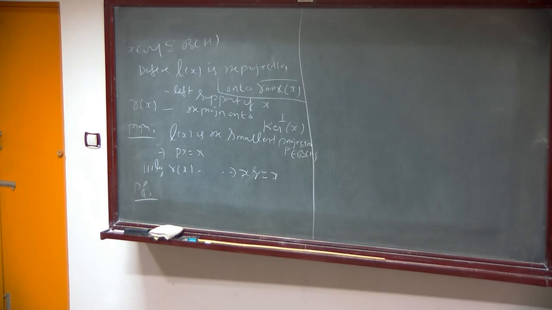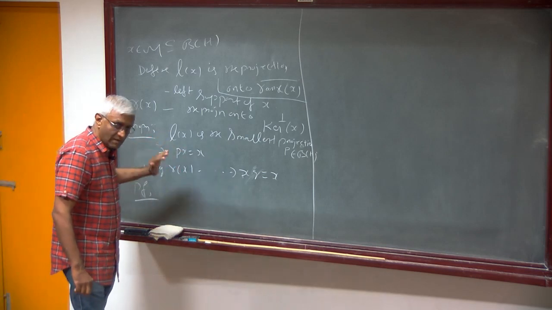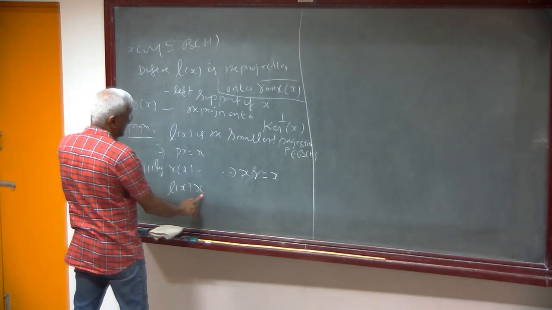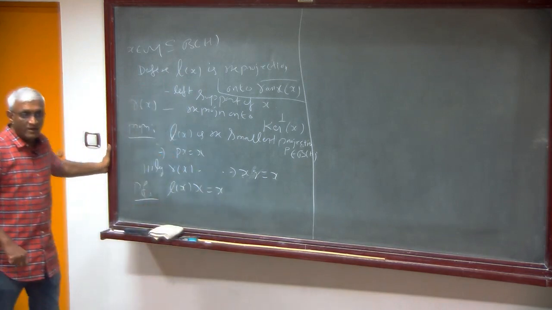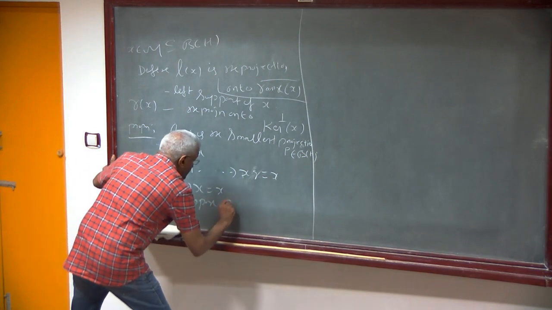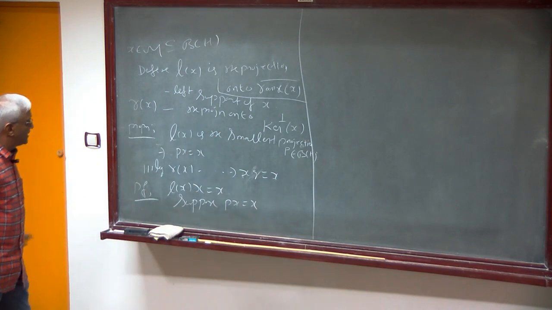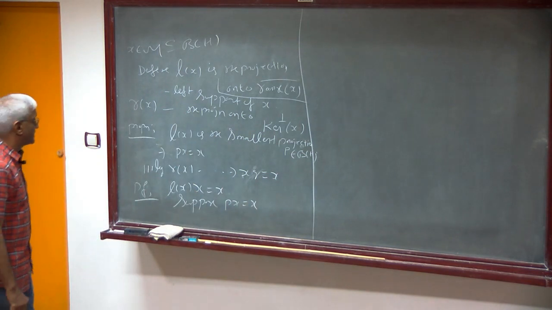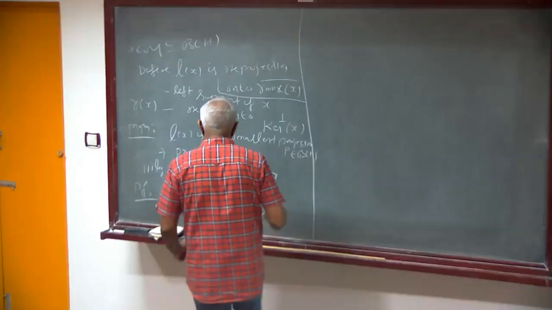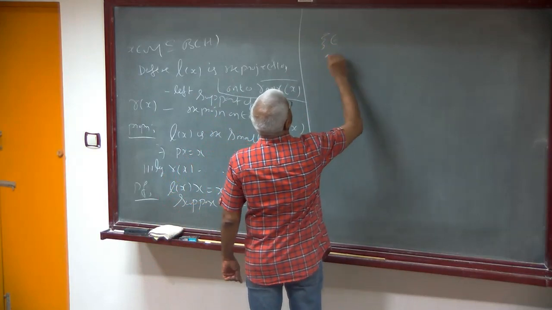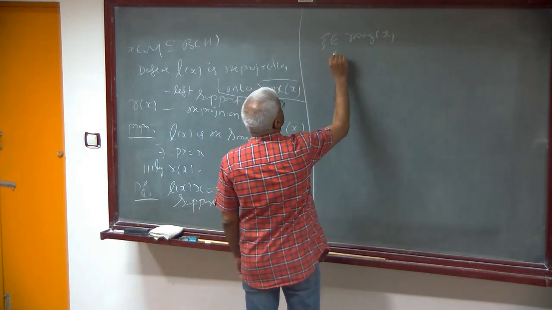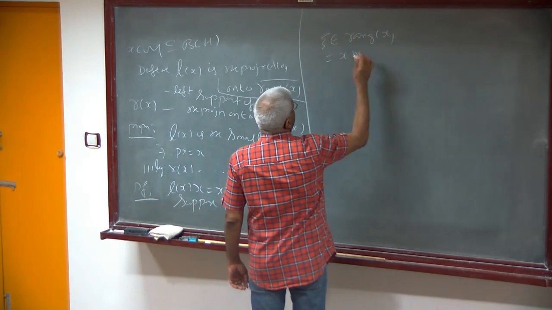Why is it true? First, clearly L of X satisfies this; the proof is similar for R of X. I prove it for L of X. Clearly L of X times X is equal to X, because X is in the range. And you have to show that it is the smallest projection. For that, suppose PX equals X. Then if xi is in the range of X, then xi equals X eta for some eta.